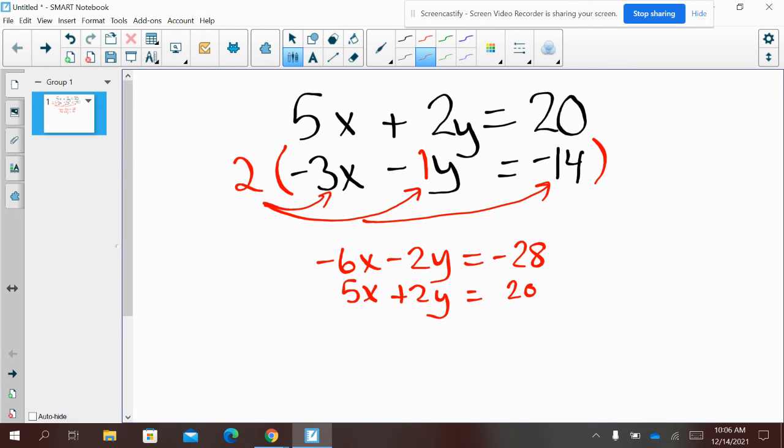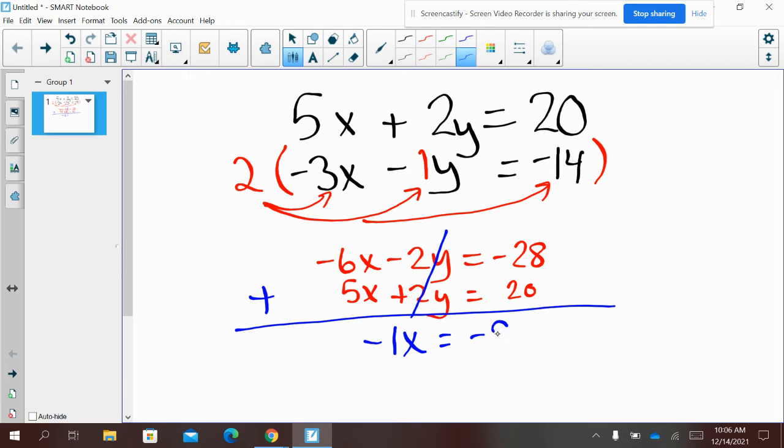All right, the way elimination works is we're going to add both of the equations together, and that will actually eliminate the y's, because if you see the coefficient of the top y is negative 2 and the coefficient of the bottom y is positive 2, when you add negative 2 and positive 2, you get 0 y's, and anything times 0 is 0. Now for the x's, I get negative 6x plus 5x, and that gives me a negative 1x, right? And negative 28 plus 20 gives me a negative 8.